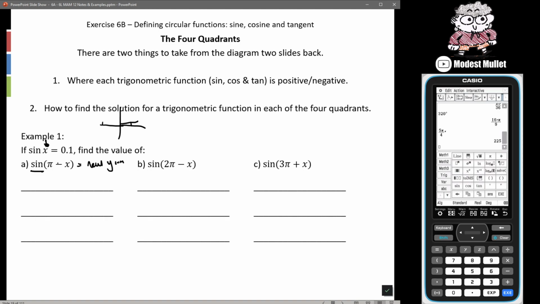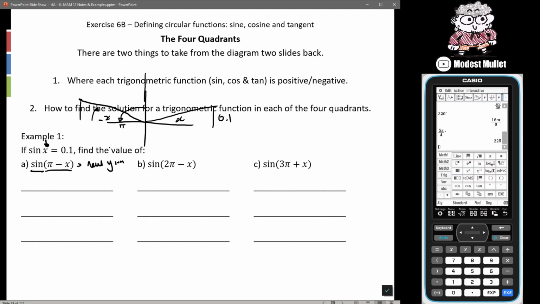Well, if I went to pi and then just came back, whatever this angle x was, if I zoom in on this diagram, let's draw it bigger. I've gone some angle, it's given me a distance of 0.1 as my y coordinate. Now I'm going to go all the way around to pi and then back that angle x. Now I've gone to pi, subtracted x, I've gone back up this way.